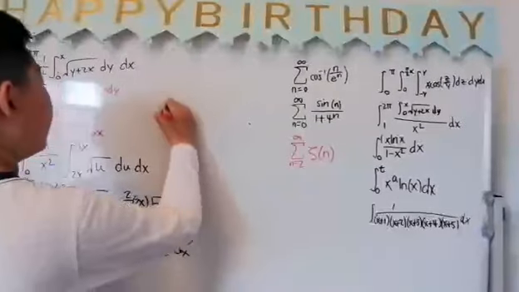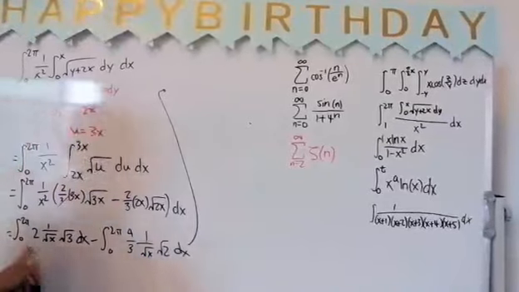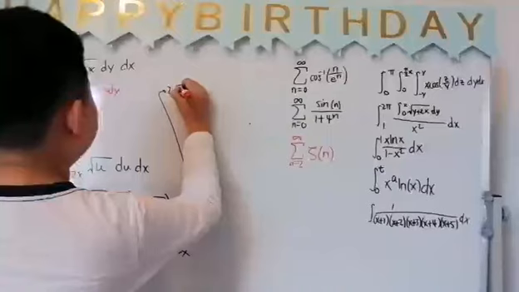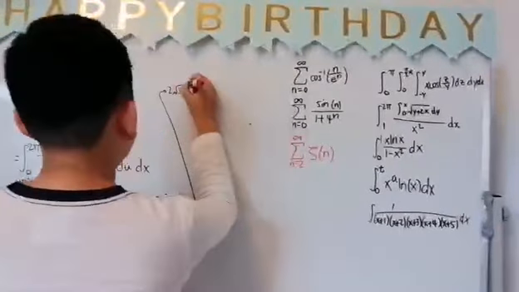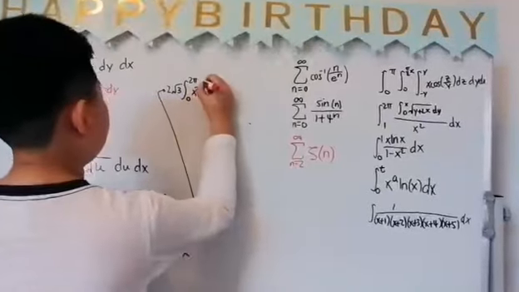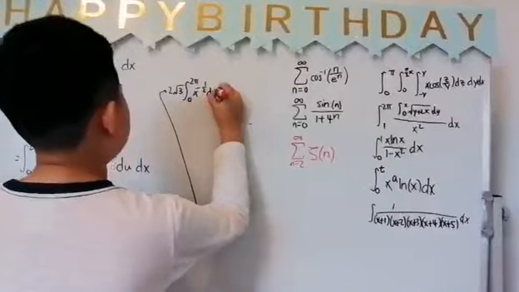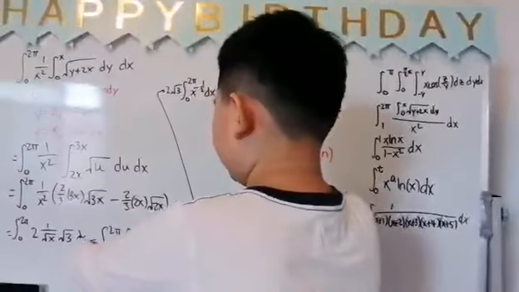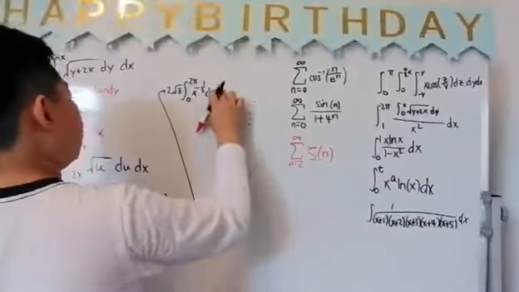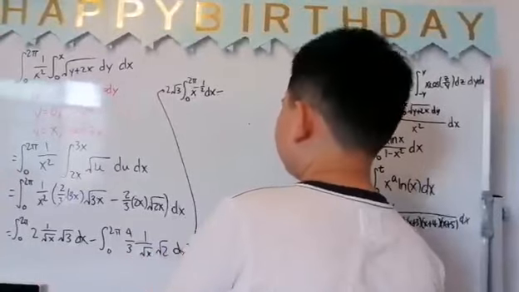Alright, and then we could just go all the way to the top again. Alright, so move all the constants to the front. We get 2 square root of 3 times the integral going from 0 to 2 pi of x to the negative 1 over 2 power, and then dx, and then you're going to subtract 4 over 3 times root 2.